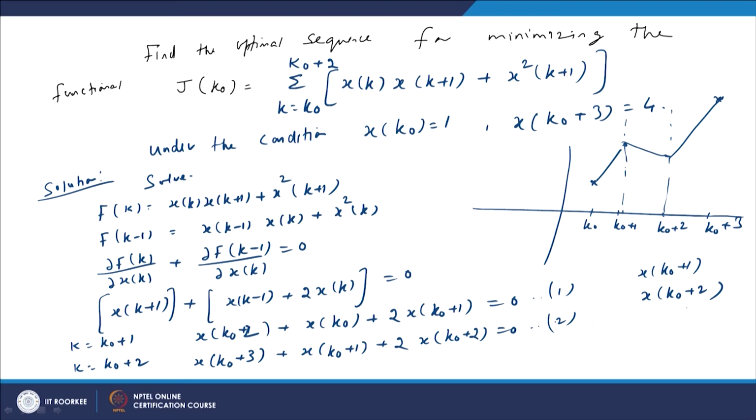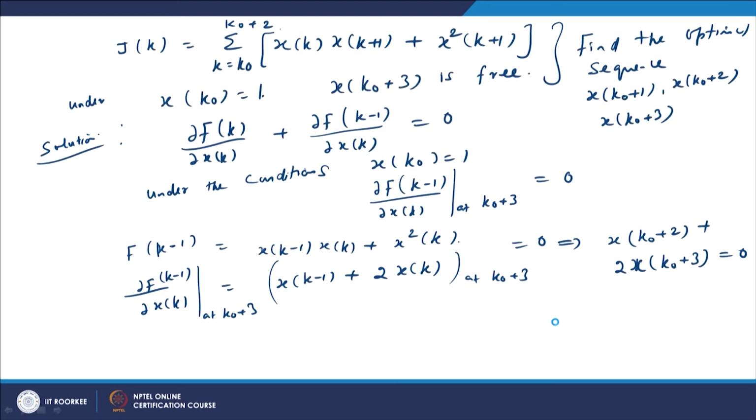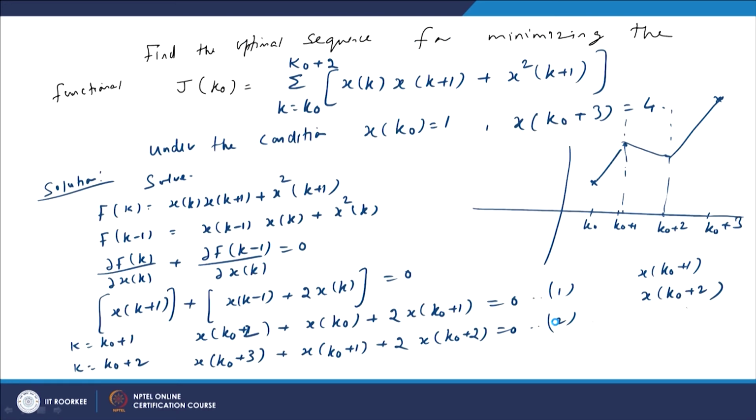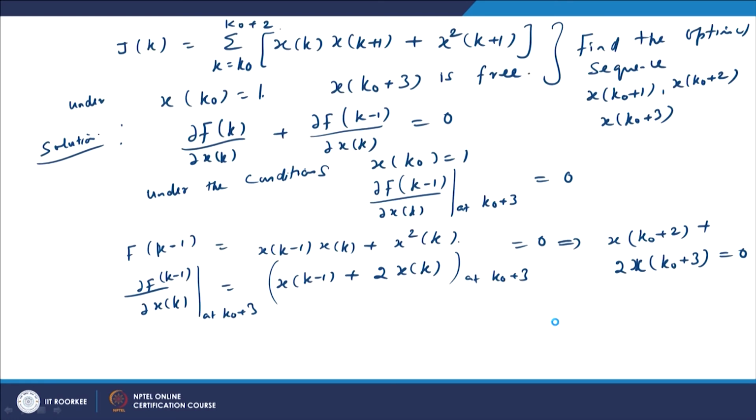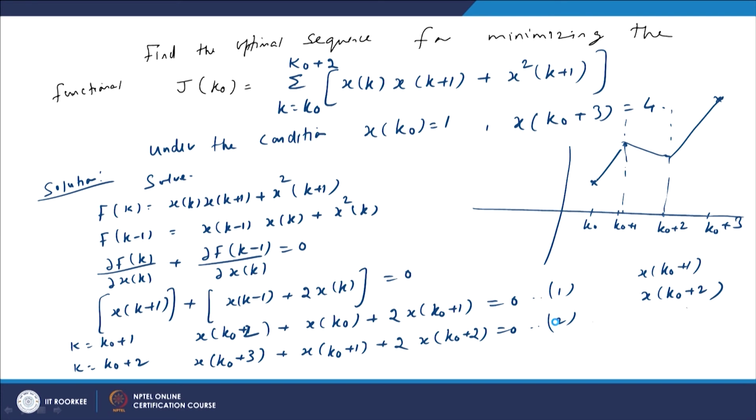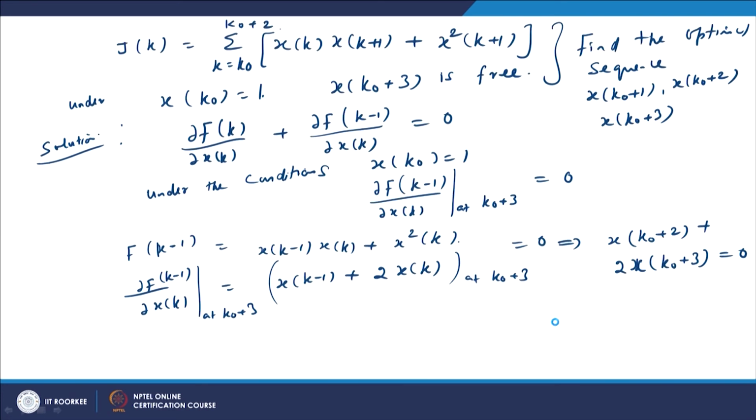We substitute this relation between x of k0 plus 2 and k0 plus 3, so we can write one in terms of the other. That will reduce one of the variables, and we can solve the system using the initial condition by substituting x of k0 equal to 1 in this system of equations 1 and 2, and making use of this boundary condition at k0 plus 3.